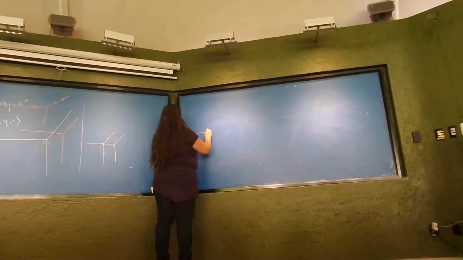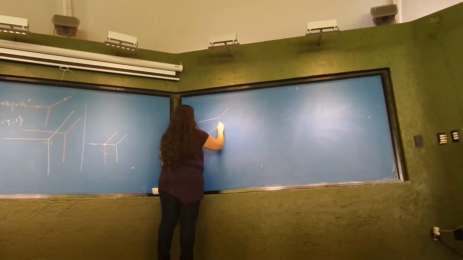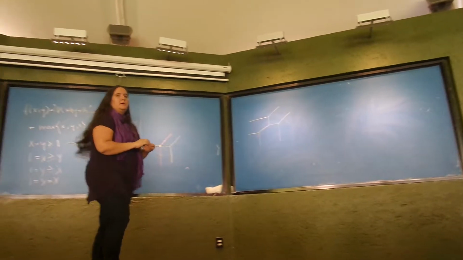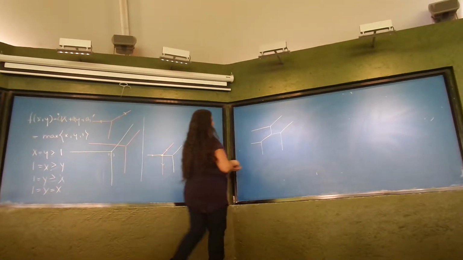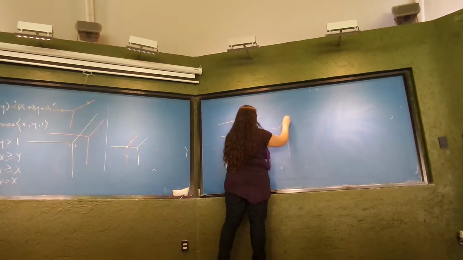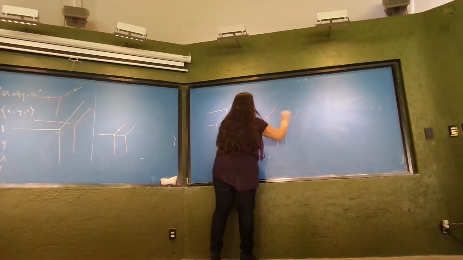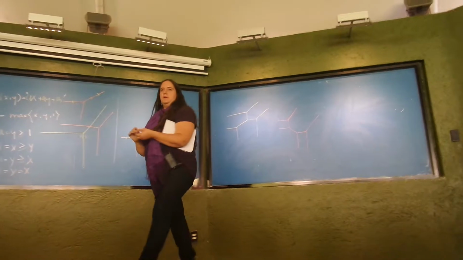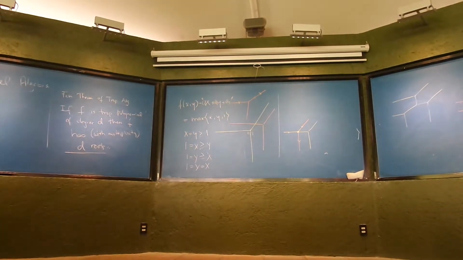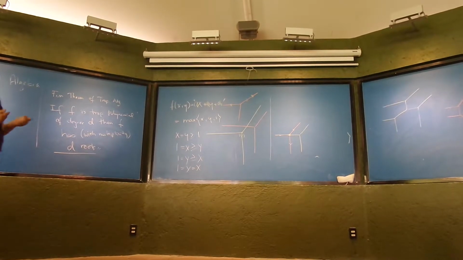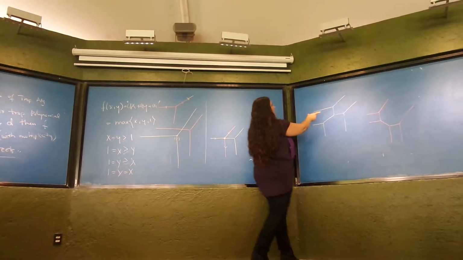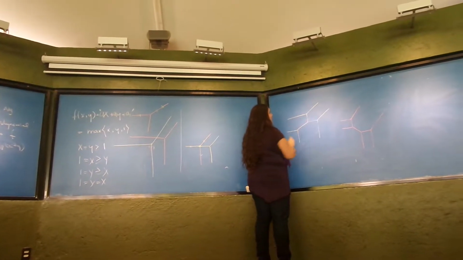For example, this is a conic. For example, this one is also a conic. Okay? Then, as they look, they are graphs. The slope of the edges will always be rational.